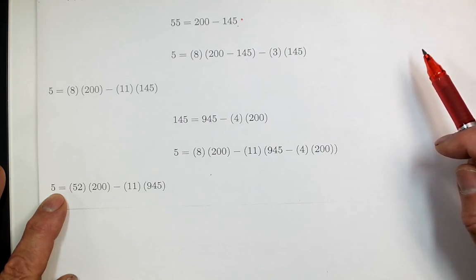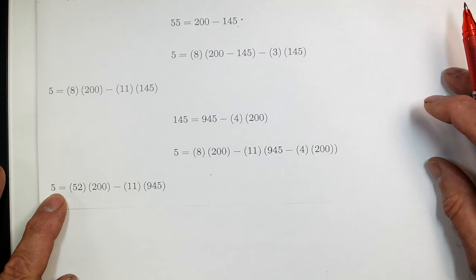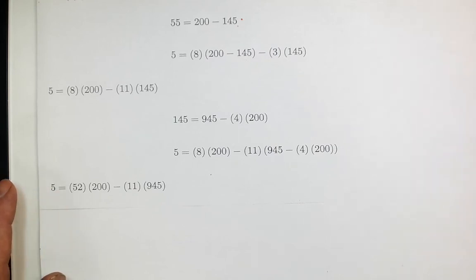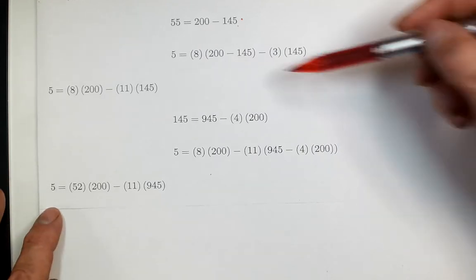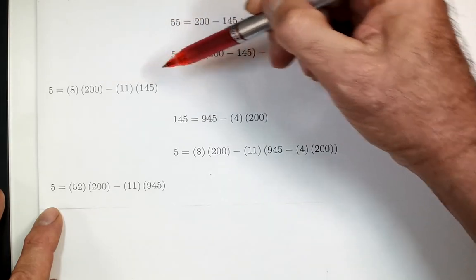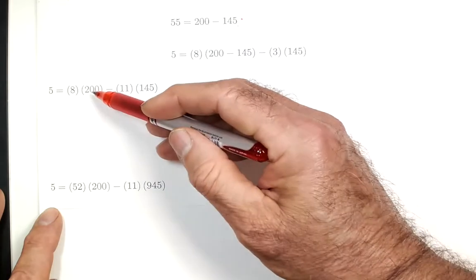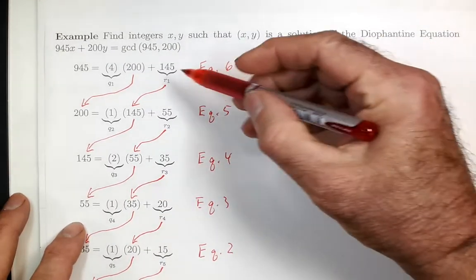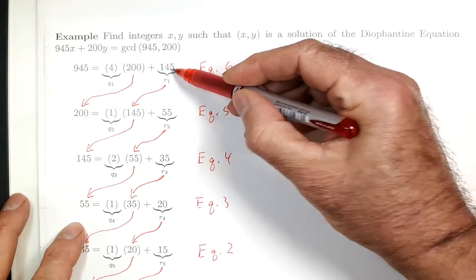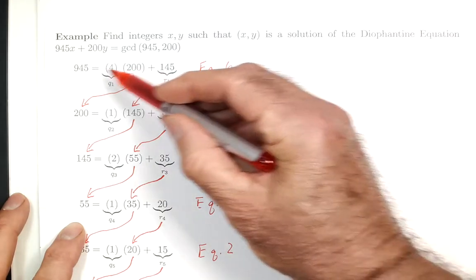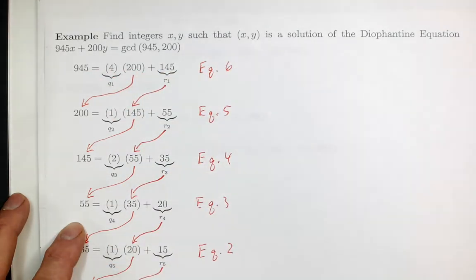Okay, we're almost there. Now, using equation 6, we're going to express the smaller of these two divisors, 145, in terms of its two predecessors. Let's go to equation 6. We're going to take 145 and express it in terms of its two predecessors, 200 and 945.